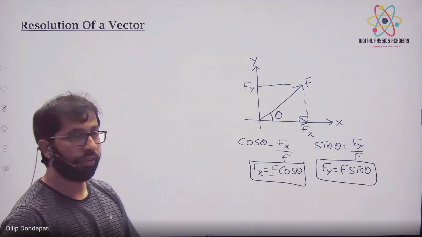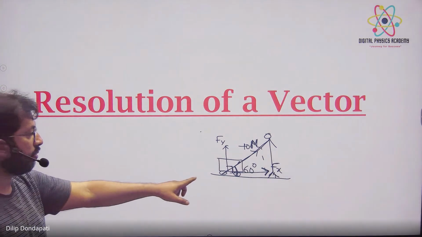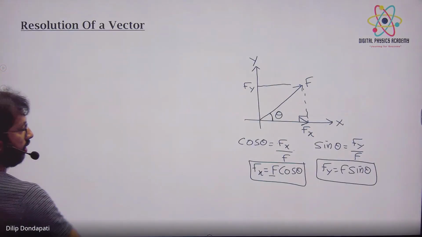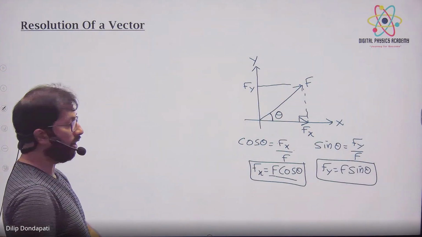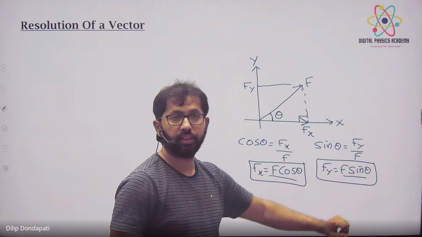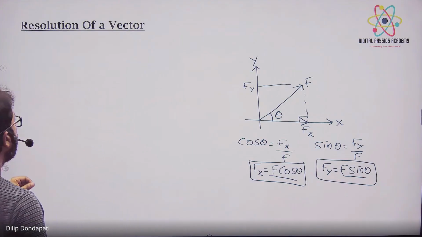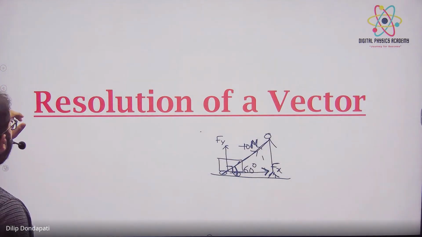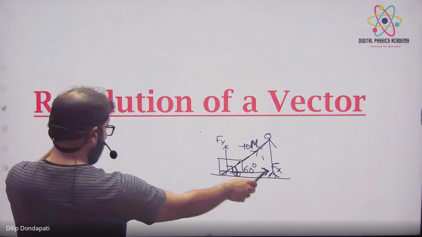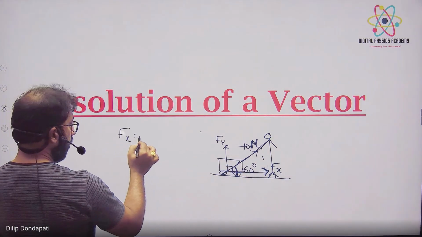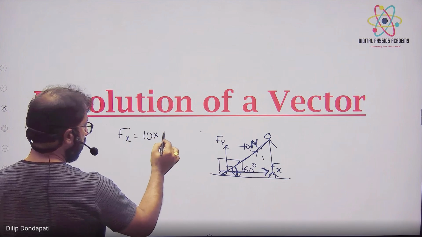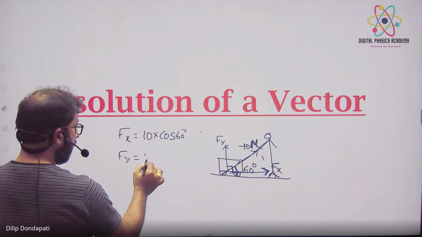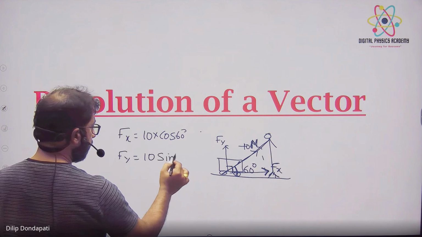Now find, in this example, what is the force along the x direction? What was the formula in the x direction? F cos theta, and in the y direction F sin theta. The previous question: F is 10, so Fx is 10 into cos 60 and Fy is 10 sin 60.